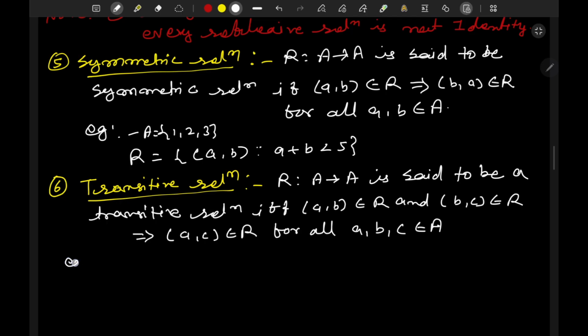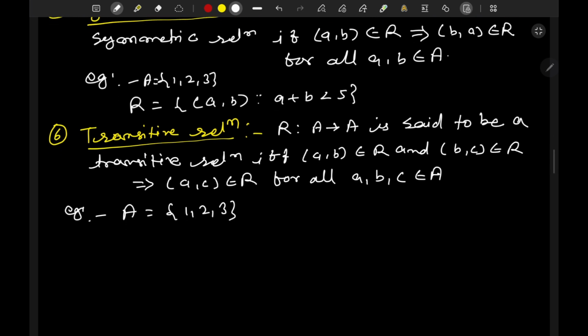Now an example: 1, 2, 3, and the relation (a, b) where a is less than b.